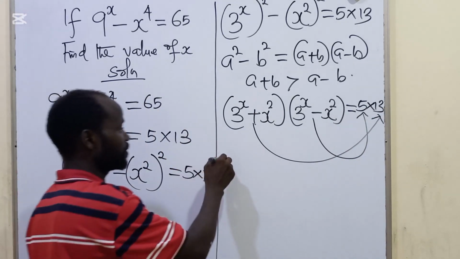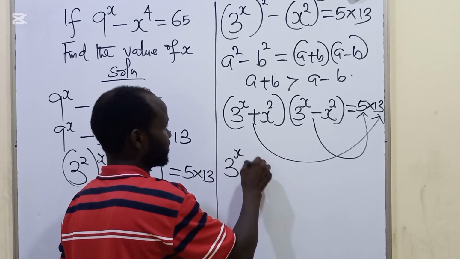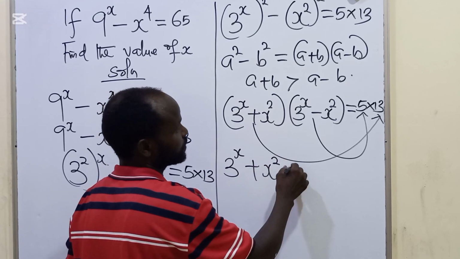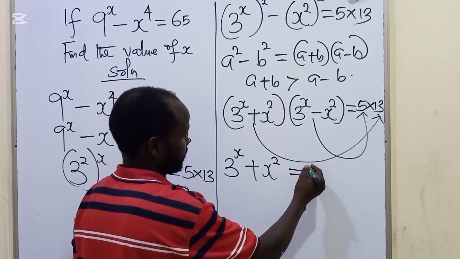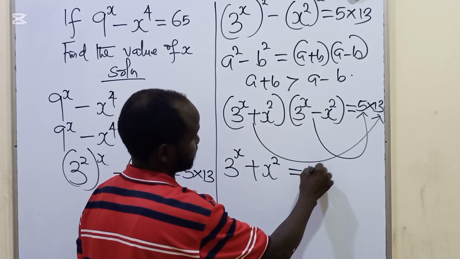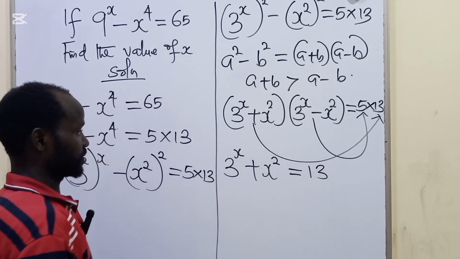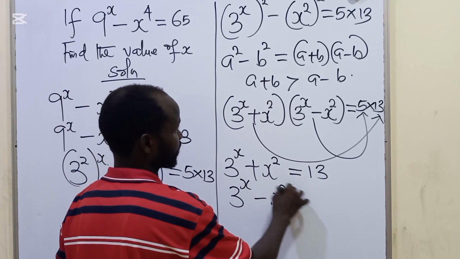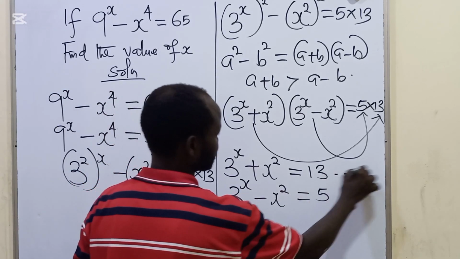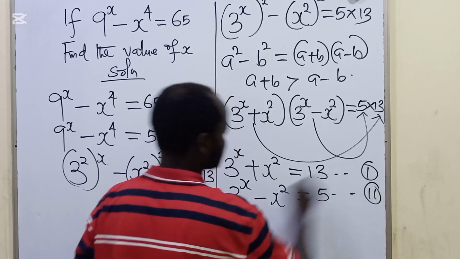Very important. So we have 3^x + x² = 13. Very important. Then we'll have 3^x − x² = 5. We have equation 1 and equation 2.